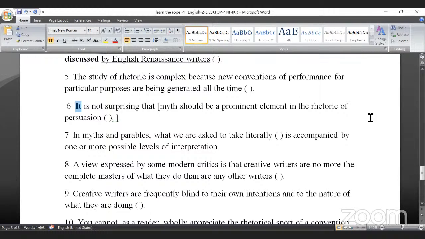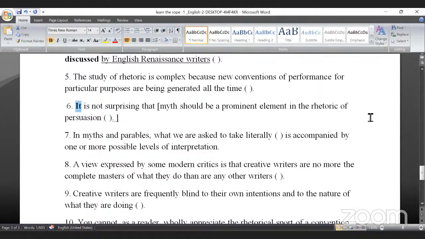It stands in place of the other, which means it is not modifying. I can replace the whole of it with "myth should be a prominent element," right? I just removed it and said, myth should be a prominent element in the rhetoric of persuasion is not surprising. That is what it is. Both are the same, right?